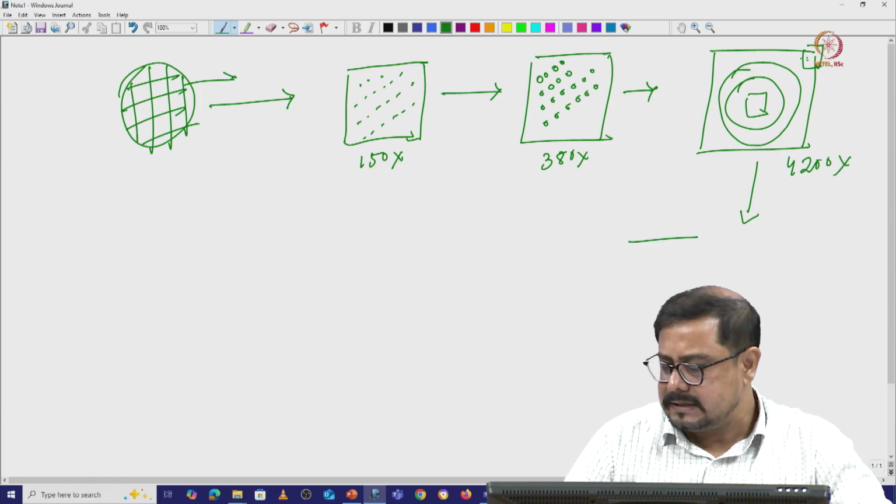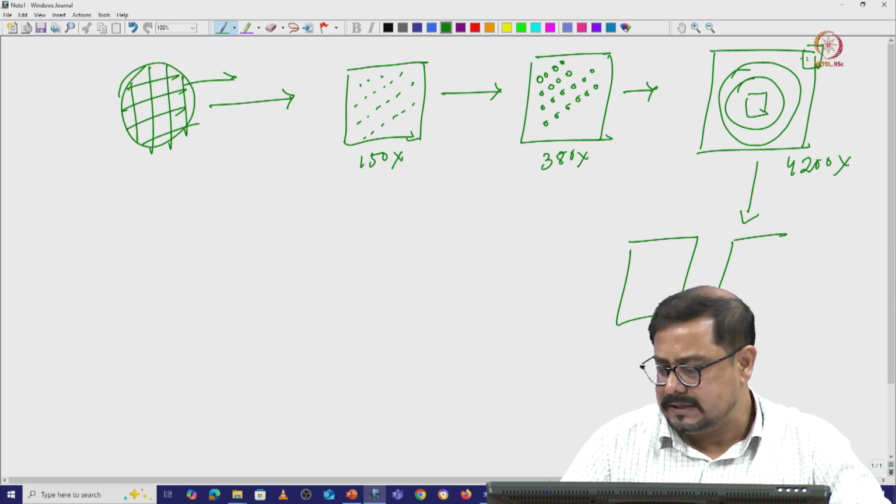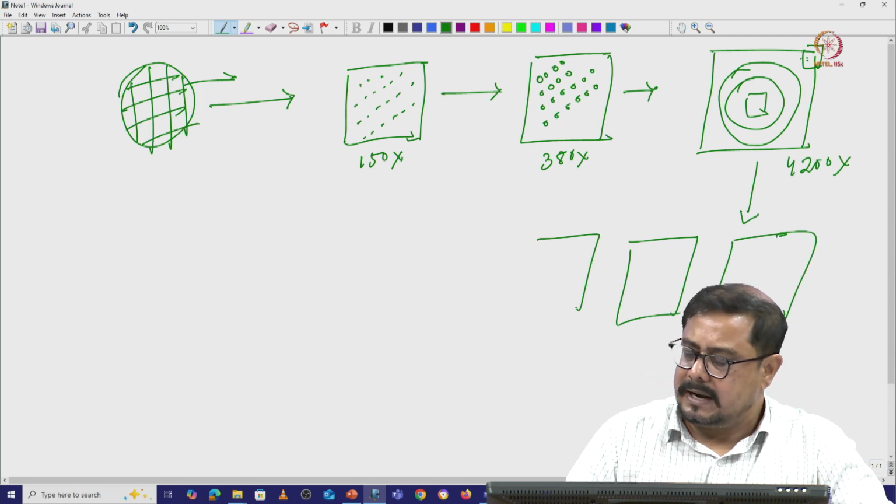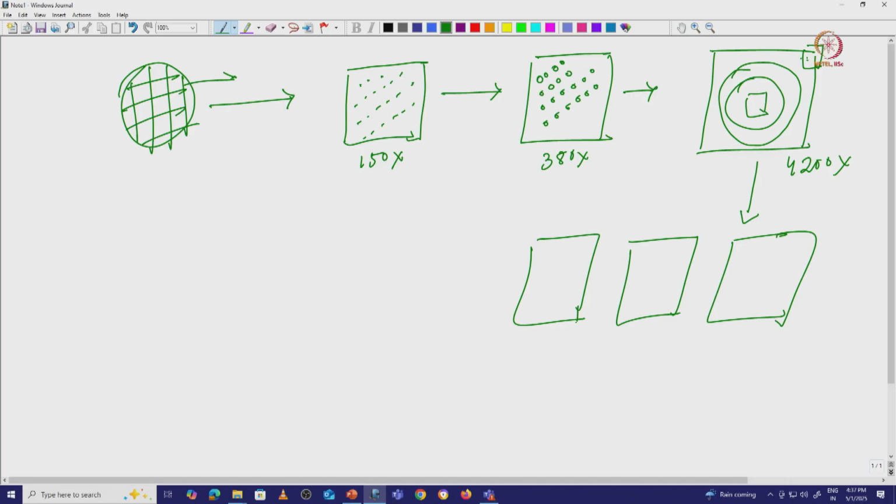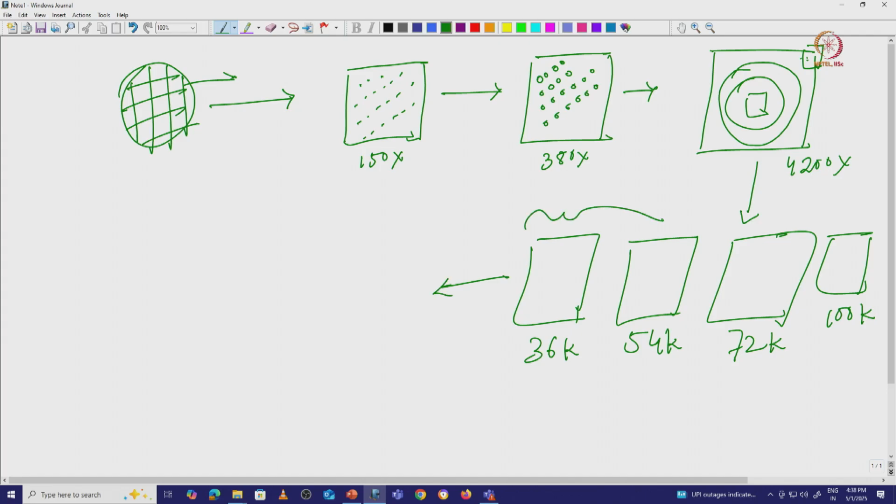Then data collection is based on our protein sample, and it may be 36K or 54K or 72K, or sometimes even 100K. So based on our protein size we can change. Whenever we are collecting these images, all of them will be movie files.